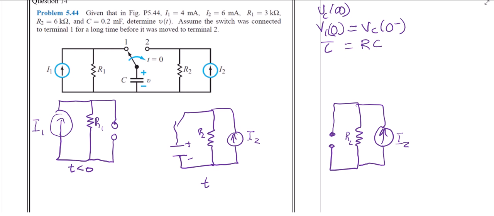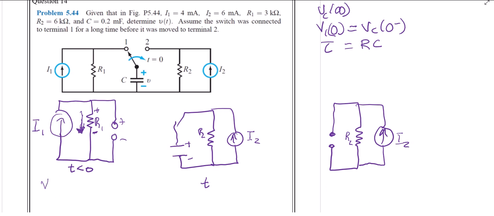All right, so let's take a look at this capacitor here at time t less than 0. Notice it's in parallel with the resistor. That means it has to have the same voltage as the resistor. The current is going down the resistor this way. So this is the plus side, this is the minus side.